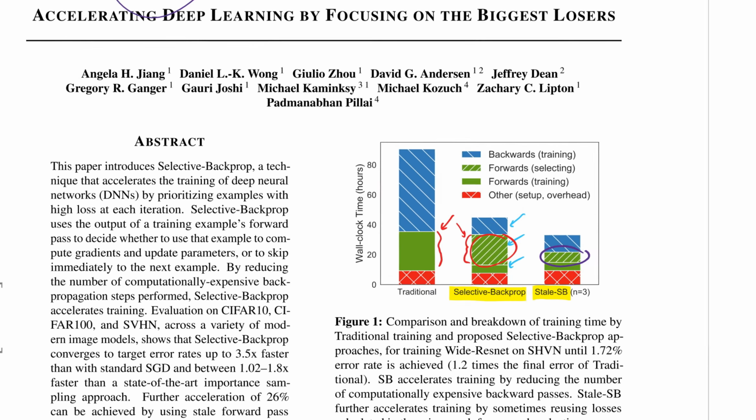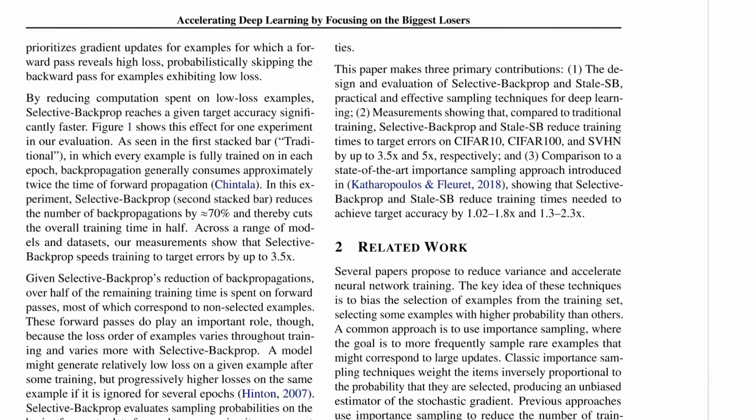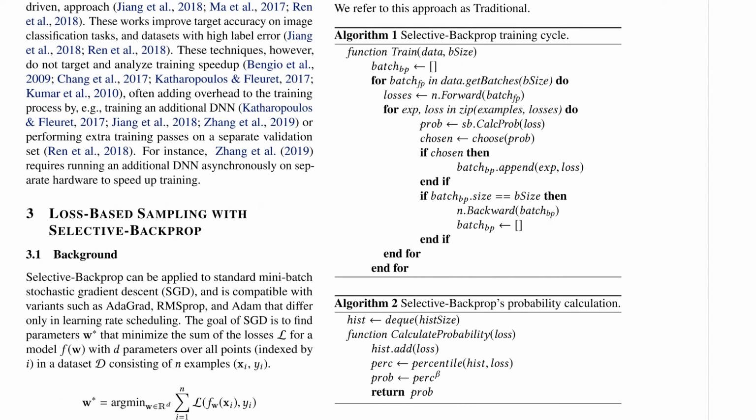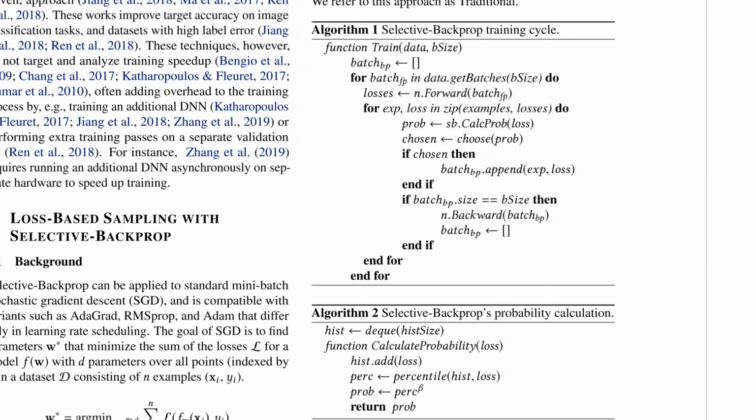Right. So this is the entire idea of the algorithm. And the algorithm is detailed here. So very briefly, you have this buffer, and you go through the data. You forward pass every example. For each loss, you calculate the probability that you should retain it. So it's a probabilistic framework. It's not an absolute cutoff. If you decide to choose it probabilistically, you append it to this buffer.